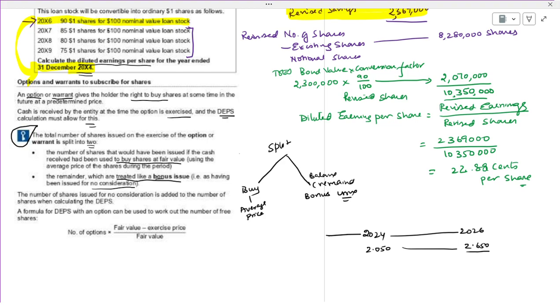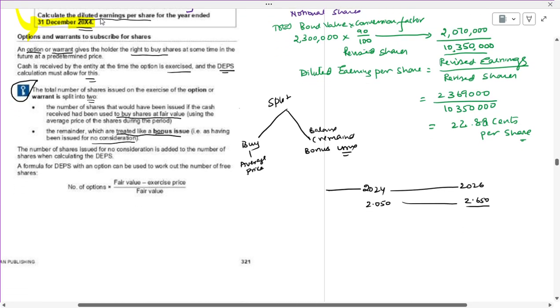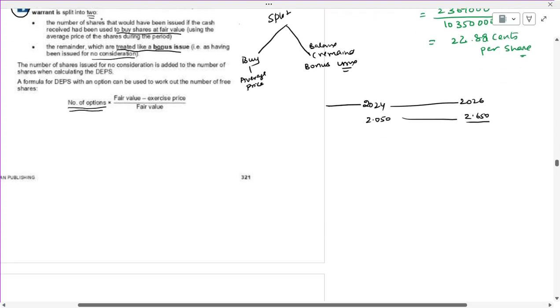That is the number of options. You have the fair value minus exercise price divided by fair value. They will give you the fair value and the exercise price in the question. By that you will get how many shares you can convert into using the options.